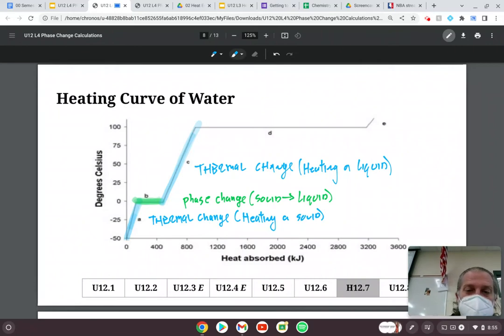Now, the next part of this is another plateau, another flat spot. And this plateau or flat spot is another phase change. This is when a liquid is being converted into a gas.